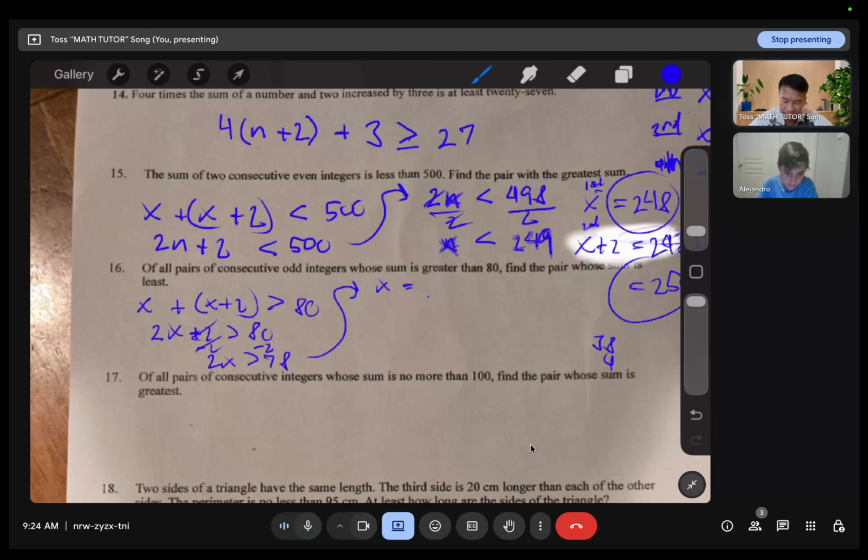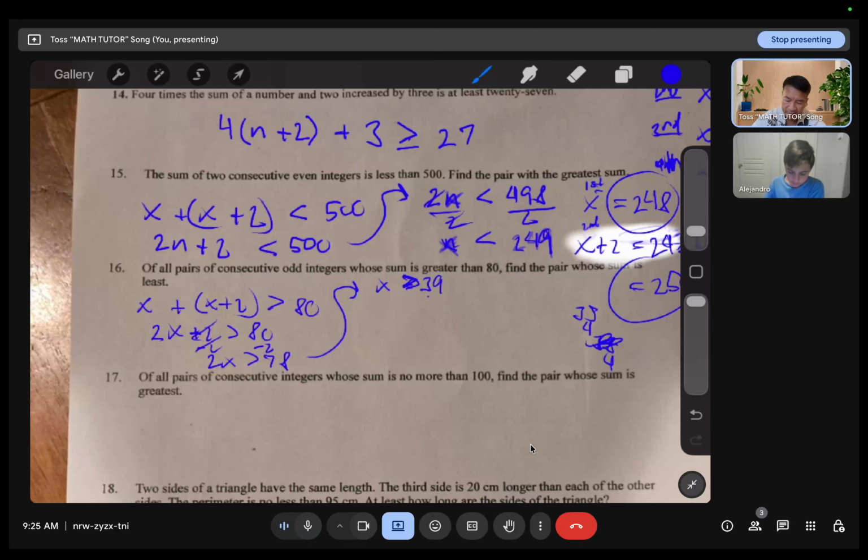Why is it 42? 39. Half of 70 is 35. Half of 8 is 4. So it's 39. Greater than 39. Okay, then.